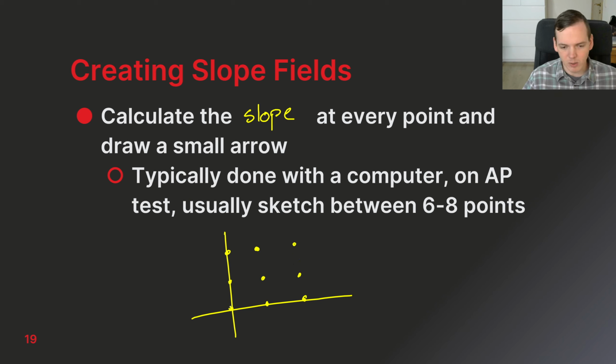They say draw a slope field using these 9 points. And so you draw an arrow like this, maybe an arrow like this, and you might have something along these lines. You just draw a handful of arrows, and you only have to calculate a handful of slopes.